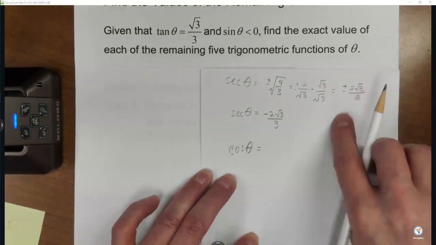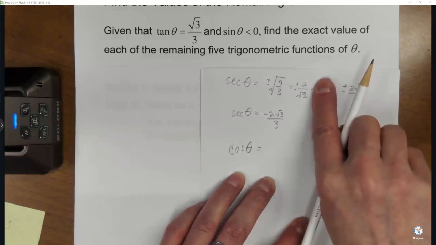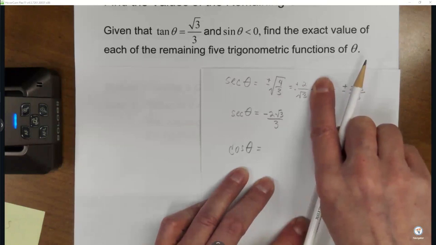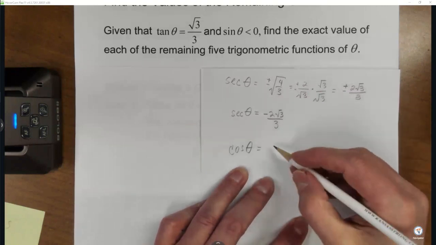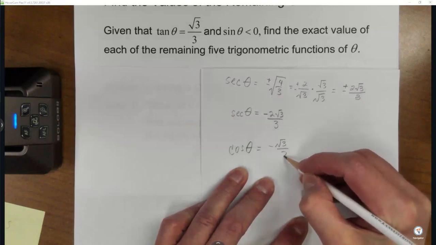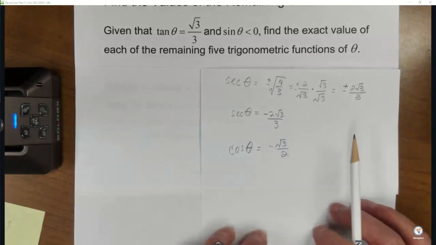It'd be a little better off if I went back up to my calculation of the secant and said, hey, since I'm going to flip that, it'll have the radical on top, and that's what the secant is. So let's write this as a negative square root of 3 over 2.